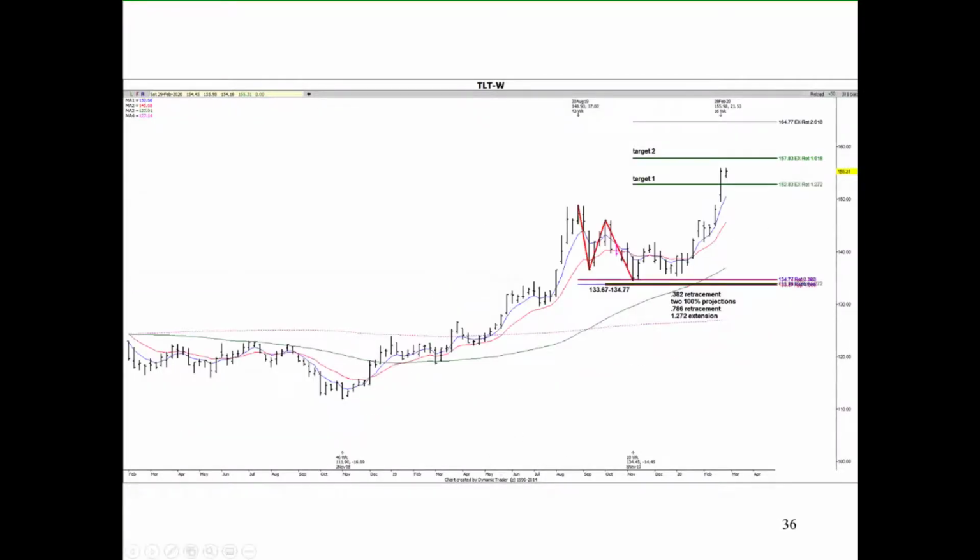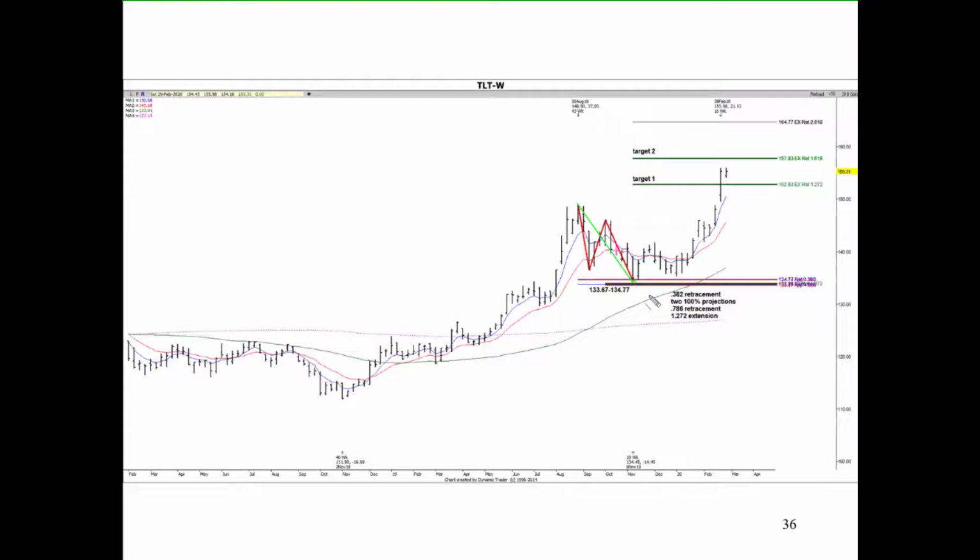All right, let's take a look at TLT. Okay, so this is a weekly chart. Again, sometimes I have to back it up and look at the bigger picture before I find some of these setups. But know that if you're running the bigger picture stuff and you're looking at a huge swing, your potential on the upside is huge because, okay, so this was 14.45 down, multiply that by 1272, and then you know what your potential is.